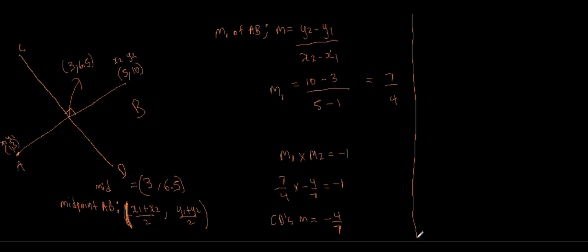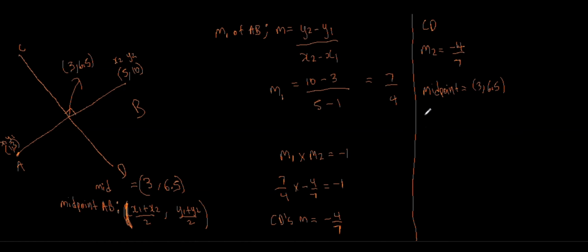For the perpendicular bisector CD, we have the gradient m2 equal to minus 4 on 7, and we have the midpoint (3, 6.5).